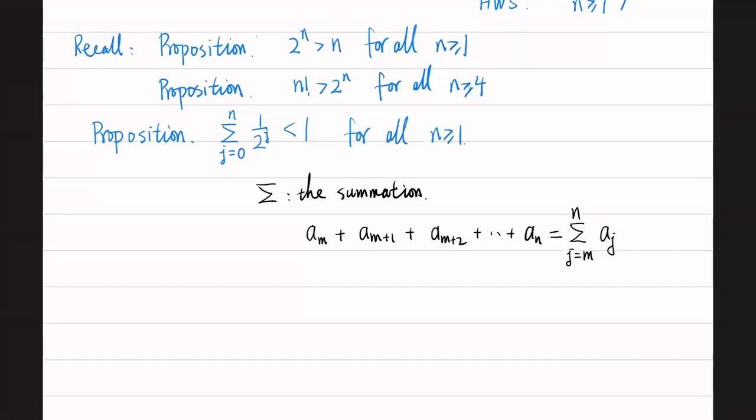In this notation, M is the starting index, N the ending. We call this the common term. And J is the summation index.